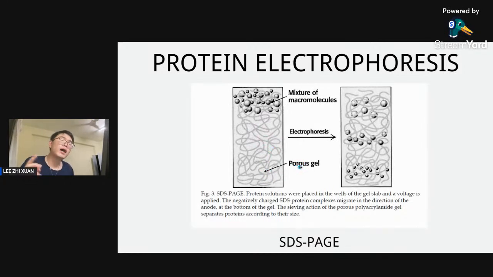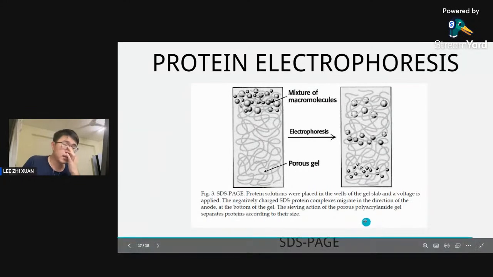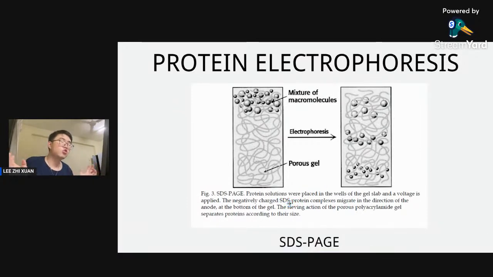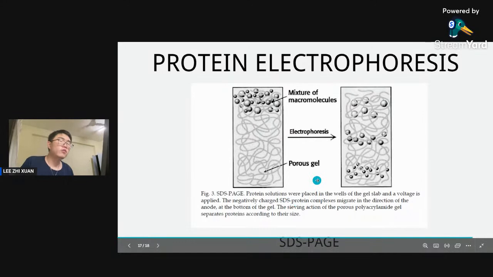SDS is the chemical component, right? We call it SDS-PAGE. Normally SDS-PAGE is the polyacrylamide gel. The full name is polyacrylamide gel gel electrophoresis, and SDS-PAGE is just a short form.